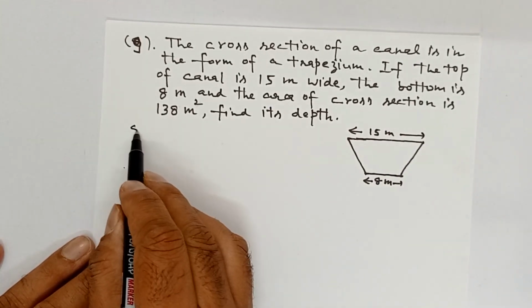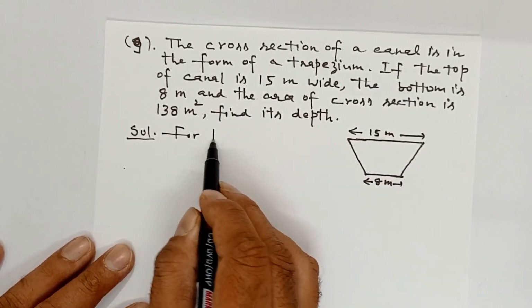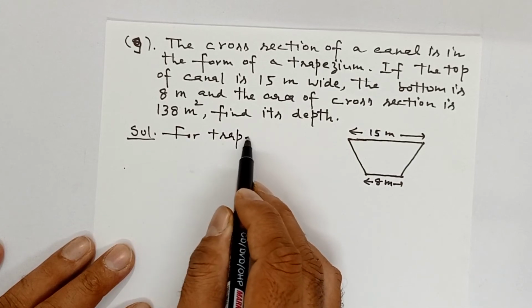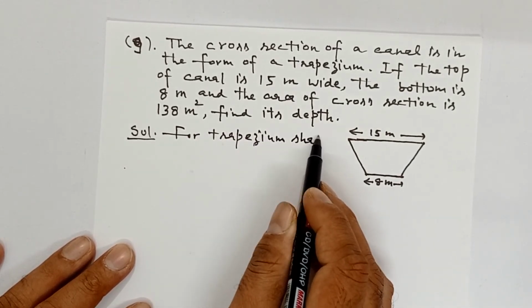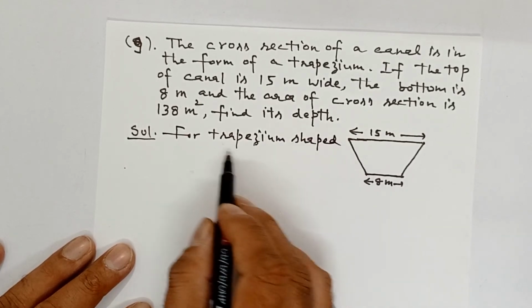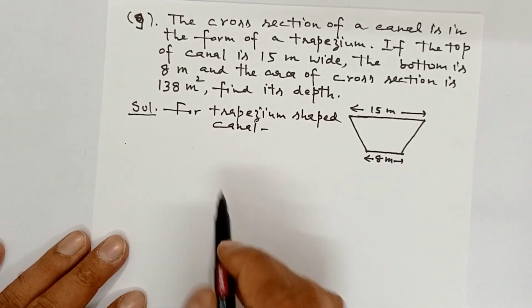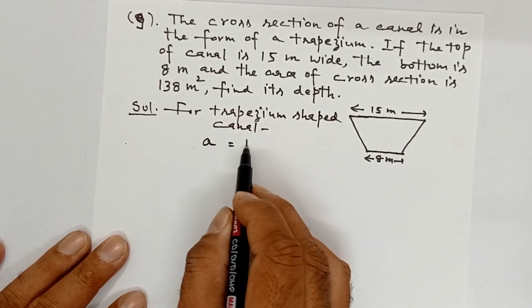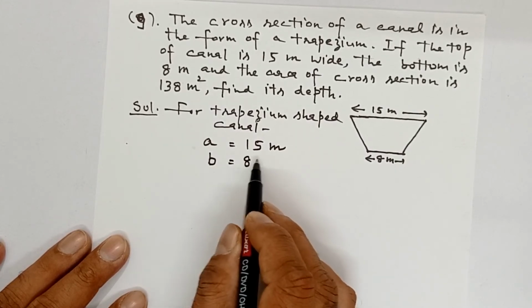So solution for the trapezium shaped canal: small a is 15 meter, small b is 8 meter.